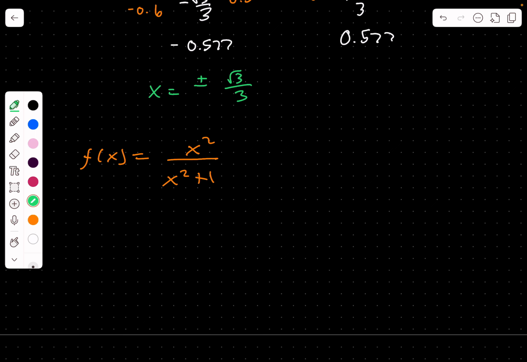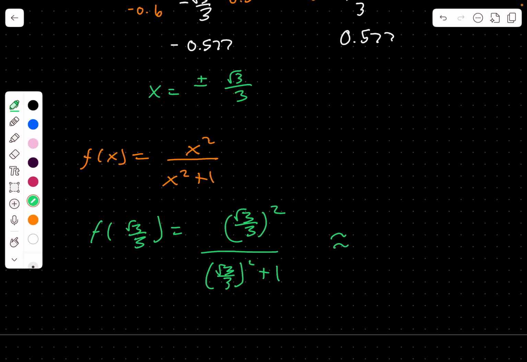Okay. It's going to look something like this. Let's just do one, because again, it's going to give you the same number. f of square root of 3 over 3 equals square root of 3 over 3 squared over square root of 3 over 3 squared plus 1. This is going to give you a 1 over 4.